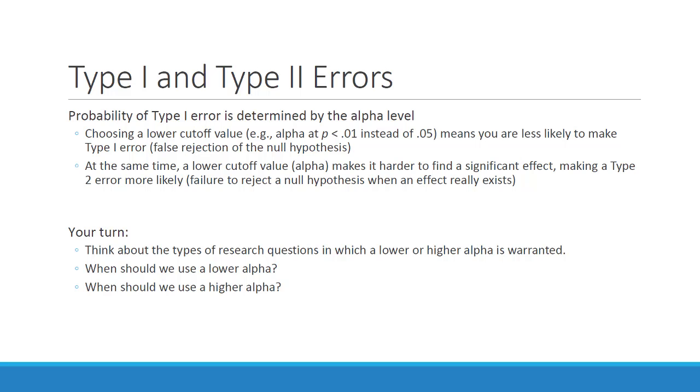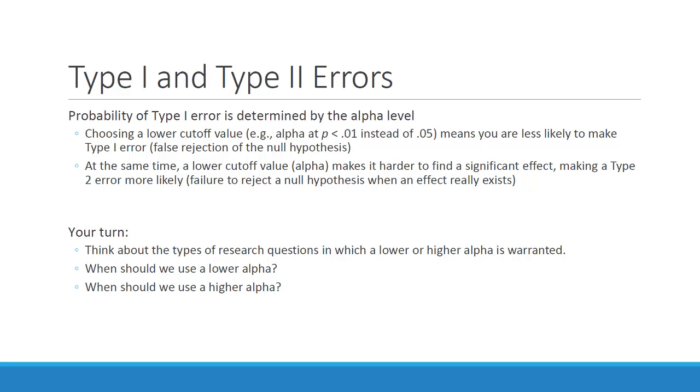So I want you to think about this for a moment. I realize that this is a complex topic and may take some time for you to wrap your head around. So I want you to think about the types of research questions in which you may want to have a lower alpha or a higher alpha.